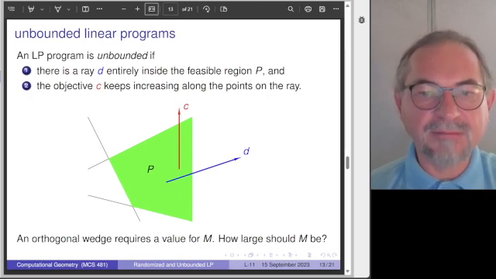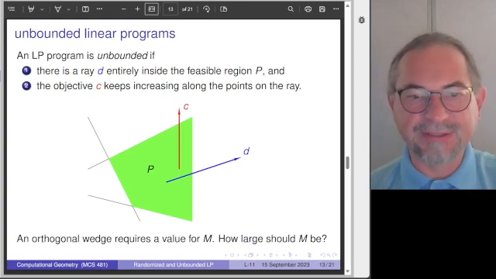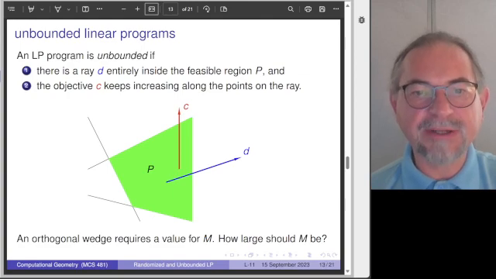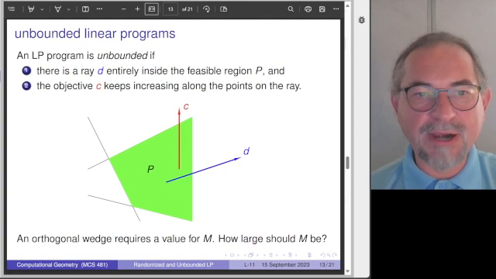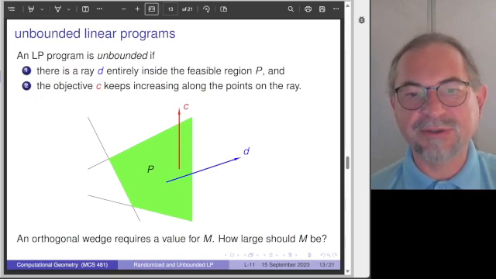But it's kind of arbitrary how large these wedges should be. So we will take another view. We say that a program is unbounded if there is one ray that is entirely inside the feasible region. And actually, if the objective also keeps increasing.